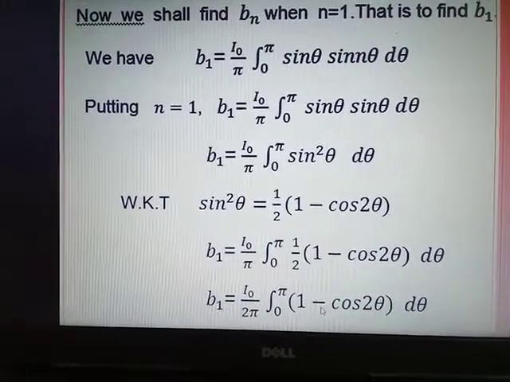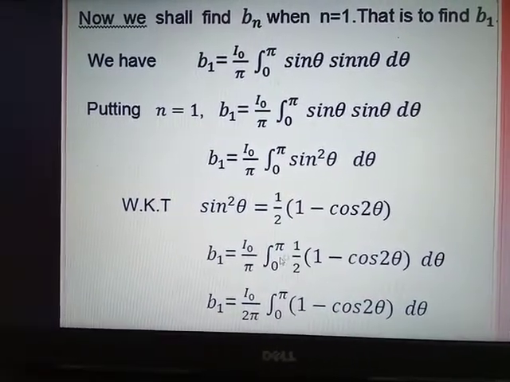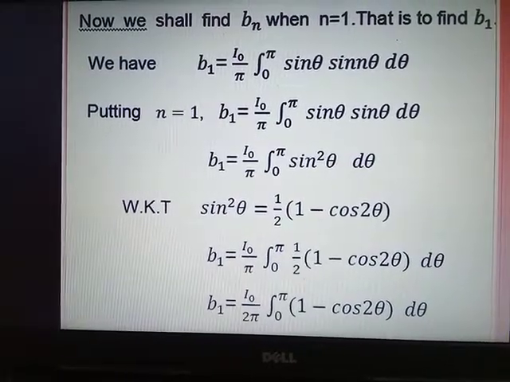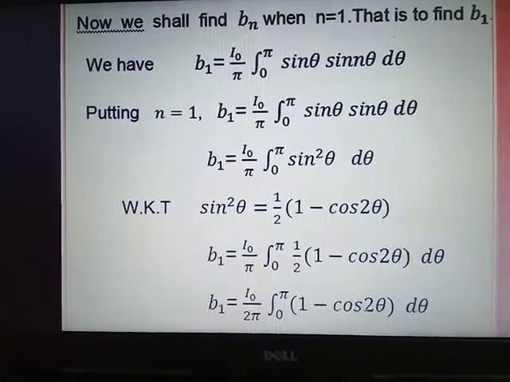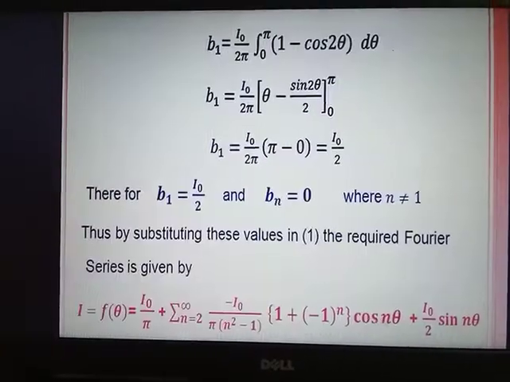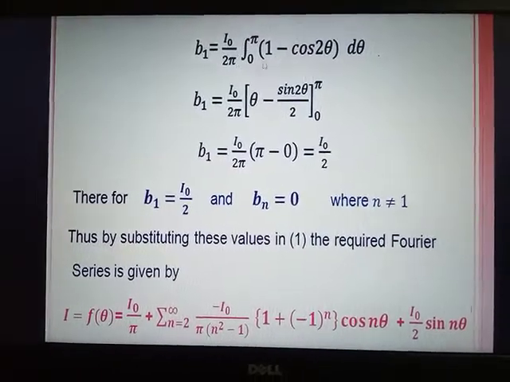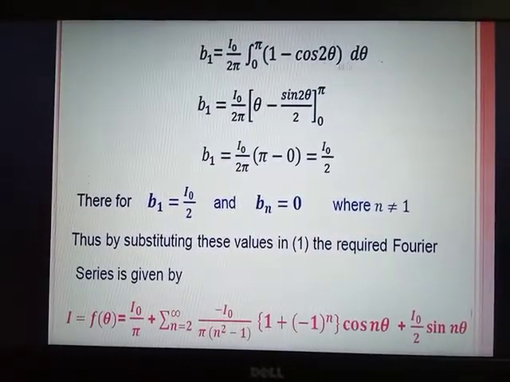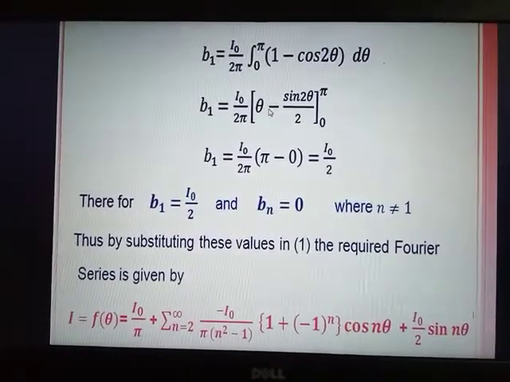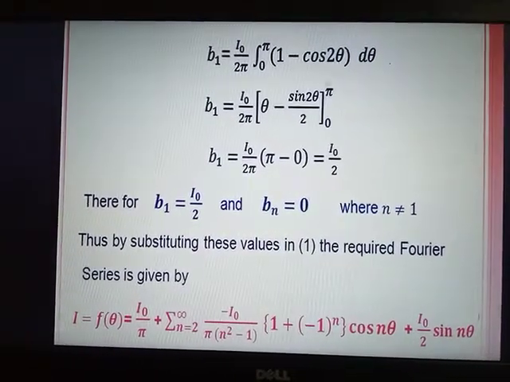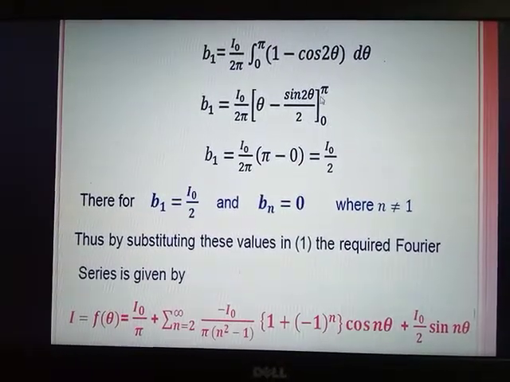Then we have to integrate this one. Take 1 by 2 outside this integration because this is constant. B1 is equal to I naught by 2 pi integration from 0 to pi 1 minus cos 2 theta d theta. We know that integration of 1 is theta minus integration of cos 2 theta is sin 2 theta divided by 2, limits from 0 to pi.